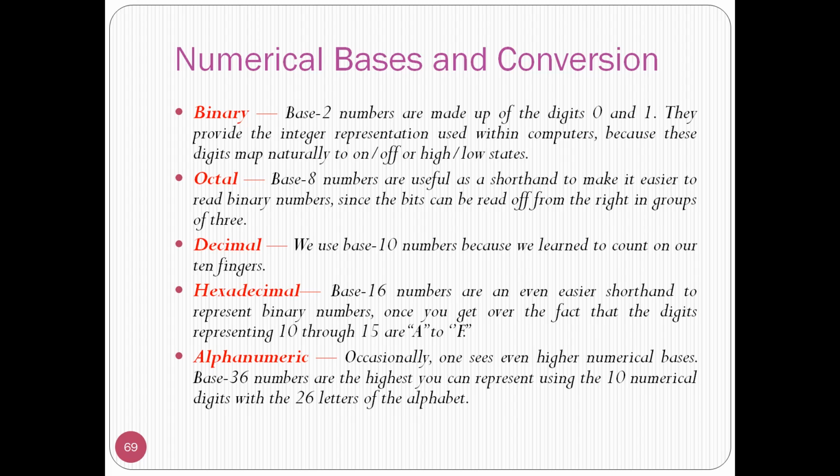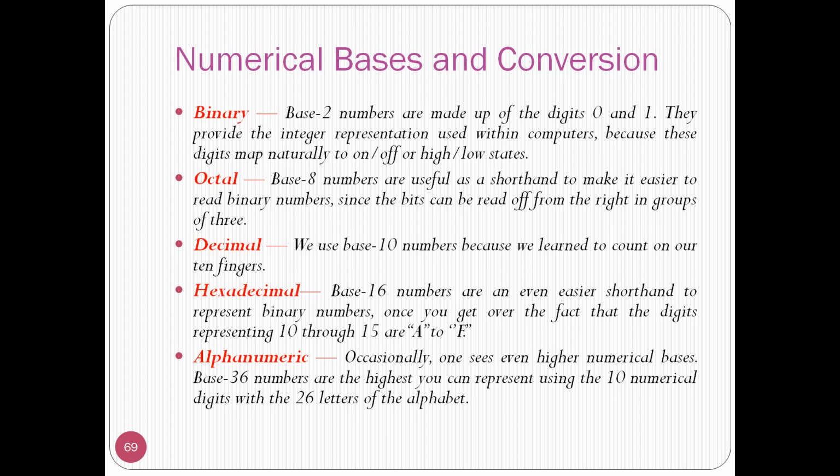So here you can understand clearly that numerical base and conversion generally covers binary, octal, decimal, hexadecimal and alphanumeric. Binary is considered two digits, zeros and ones, which one can say is on and off, whereas octal is base 8, decimal is base 10, and hexadecimal is base 16.